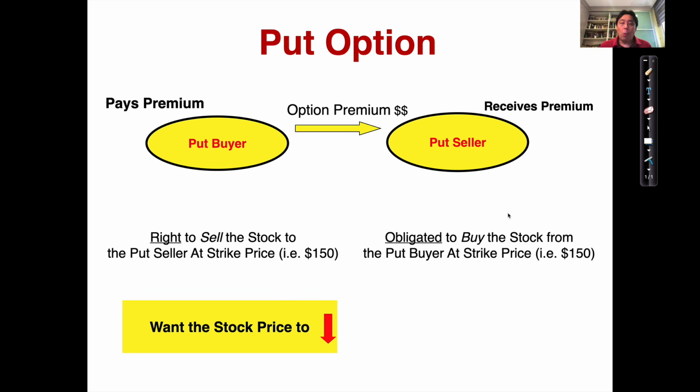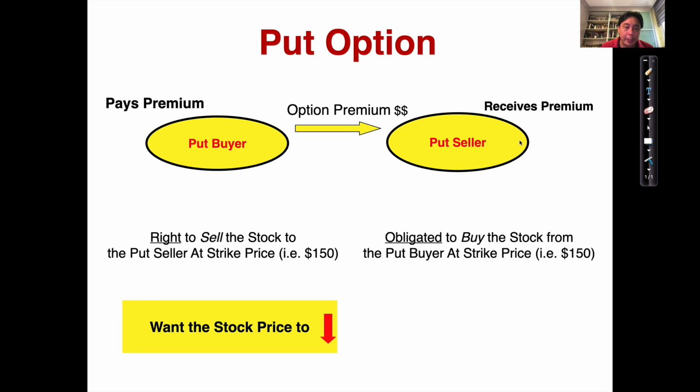So for the put seller, once he receives the premium, he's obligated to buy the shares at the strike price if the put buyer exercises the option. If the put buyer says, okay, I exercise the option, I want to sell my shares at 150, the put seller has no choice, is obligated to buy the shares at 150.